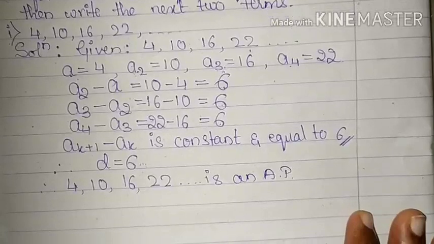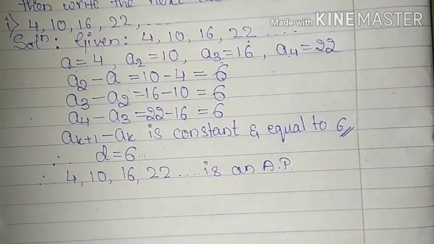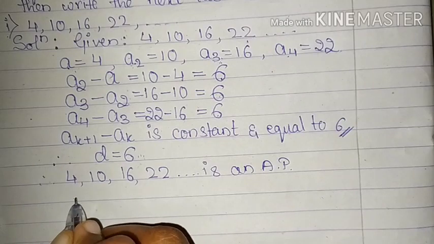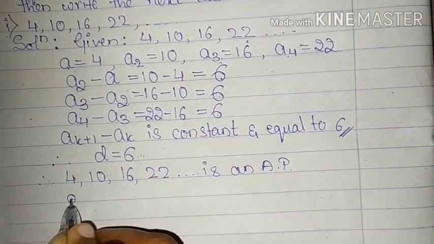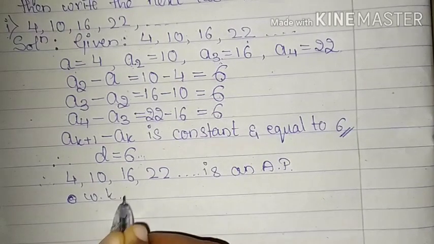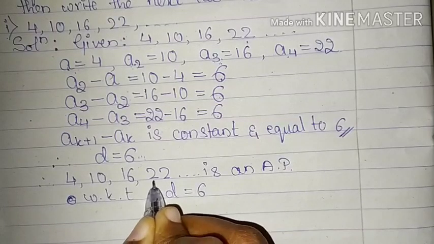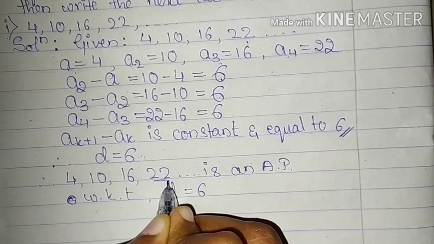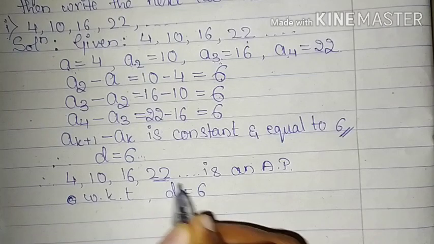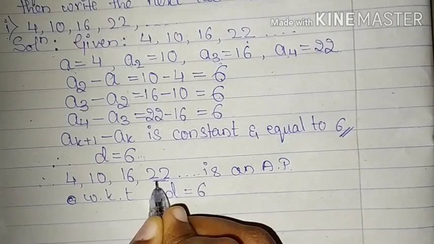But this doesn't end our solution here, right? They also asked that if the list of numbers is an AP, then we have to find the next two terms. So we know that D is equal to 6, and the last term is 22. How do we form the AP? We just go on adding this fixed number to the previous terms.